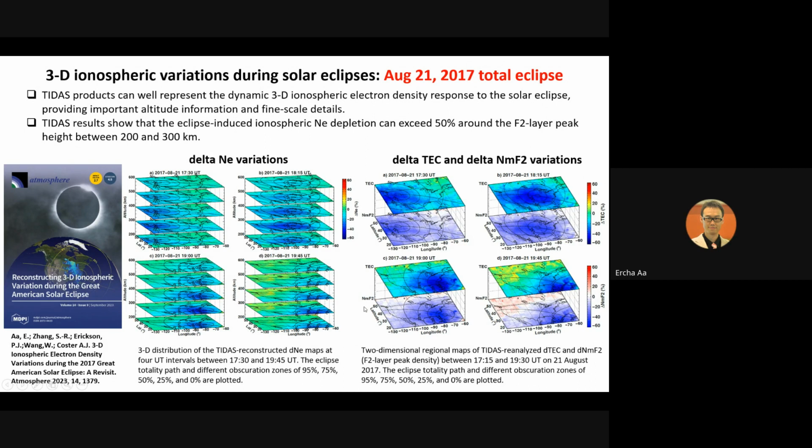The maximum depletion is between 200 and 300 kilometers. In the right panels, we show the delta TEC variation. TEC showed 30 to 50% reduction. And this is the NmF2, the peak density, which also showed very large depletion during the solar eclipse. So that's an experiment for the 2017 solar eclipse.